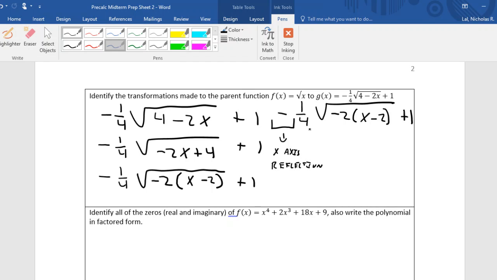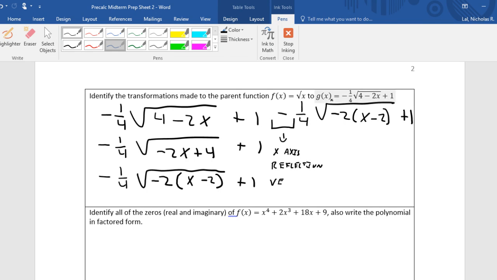All right. What about this 1/4? Compression, vertical or horizontal? It's outside the function, so it is vertical. It has nothing to do with it being negative or positive. If the term is outside of the function, it is a vertical transformation.